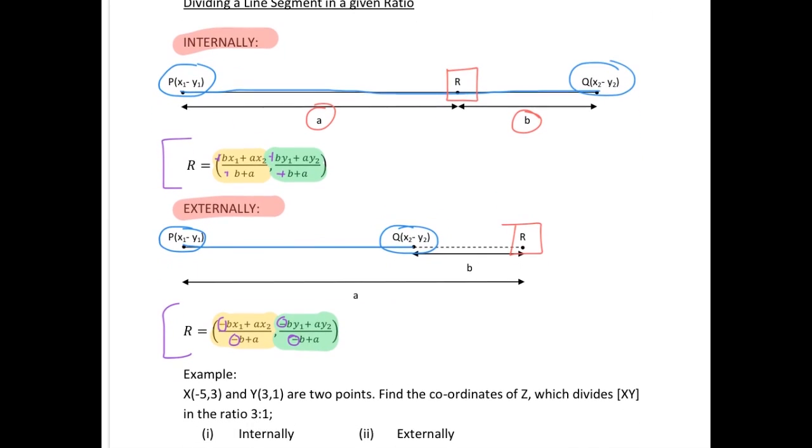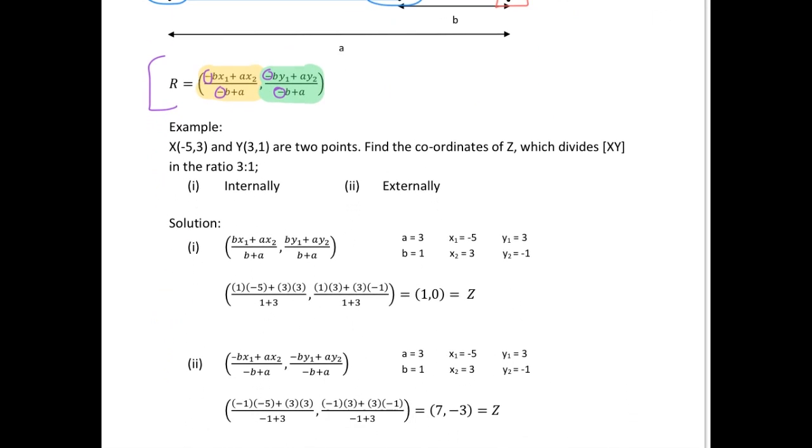So now we're going to look at an example, where we're asked to take the points X at minus 5, 3 and Y at 3, 1, and we want to find the coordinates of Z, which divides the line XY in the ratio of 3 to 1, internally and externally.